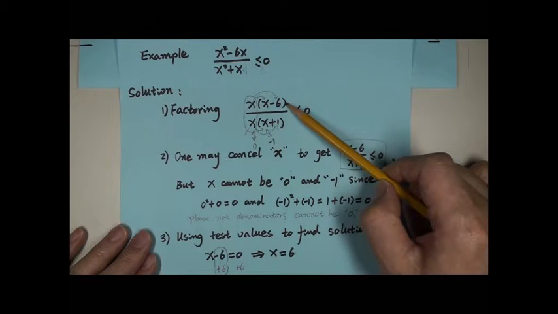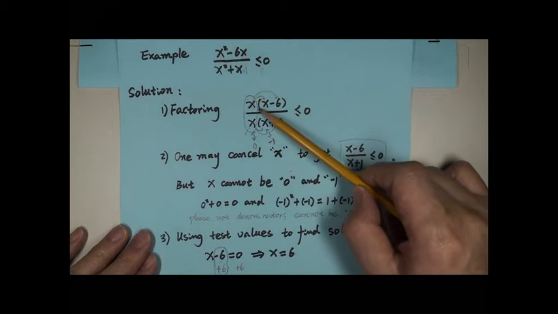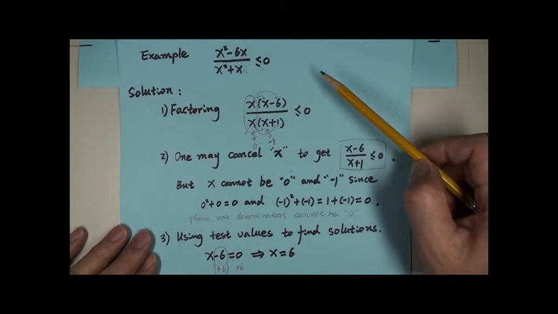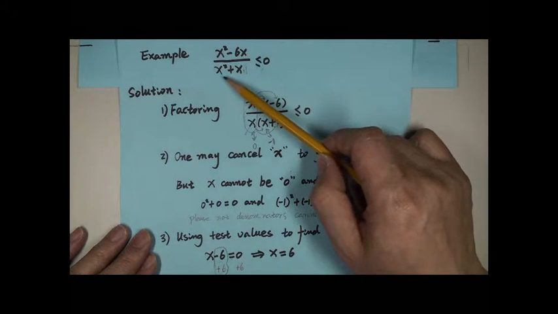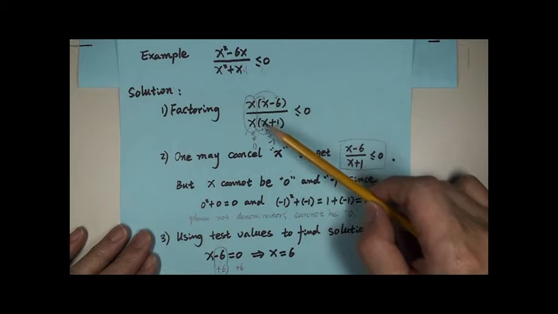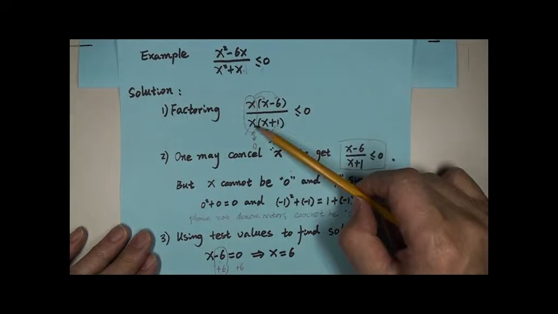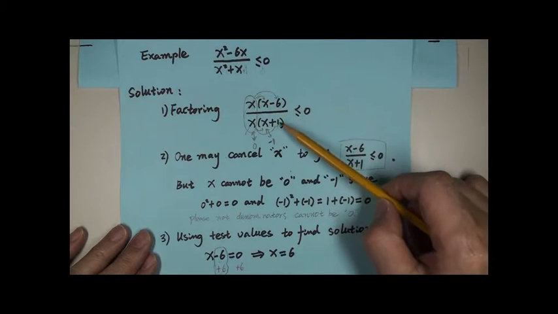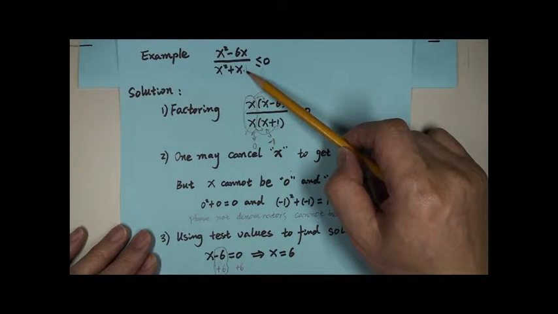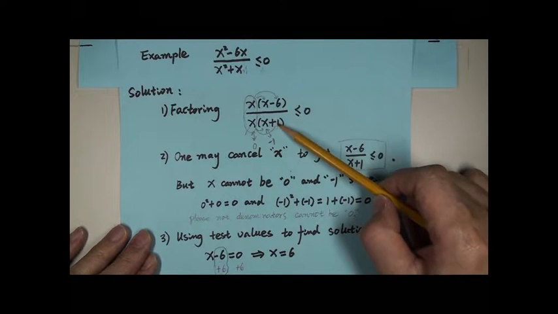It will go back: x times x is x squared, x times negative 6 is negative 6x. Similarly, pull x out of the denominator, you have another x left, and 1 left over, because x times 1 is x.